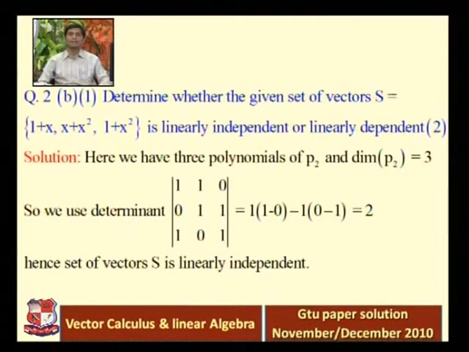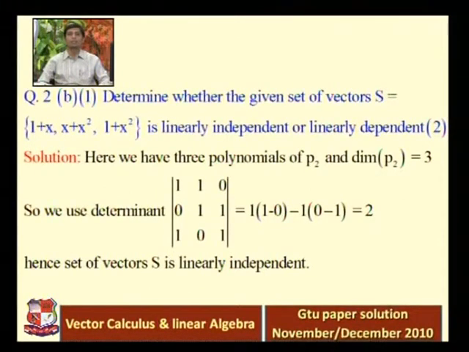If the value of the determinant is non-zero, that set of vectors is linearly independent. If the value of the determinant is equal to 0, that set of vectors is linearly dependent. Here we get a non-zero determinant, so the set of vectors S is linearly independent. This question was asked for 2 marks, and this question is complete now.